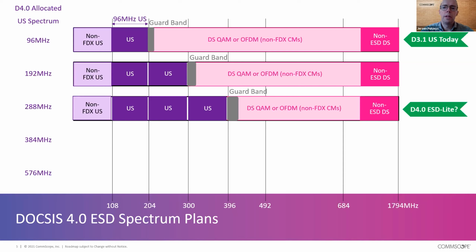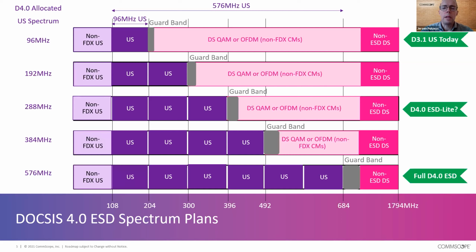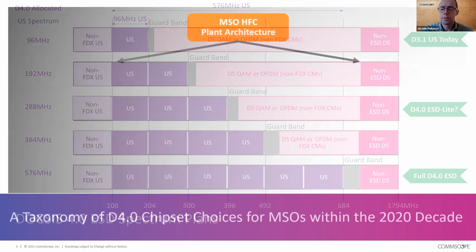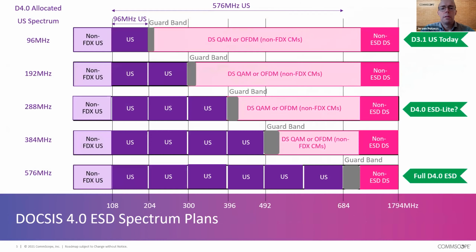Now, there are different intermediate steps between 204 megahertz and ultimately a full DOCSIS 4.0 ESD configuration that is leveraging a return spectrum of 684 megahertz. So again, it gives customers the option to gradually transition towards full DOCSIS 4.0 ESD over time, as and when it makes sense to them, of course.